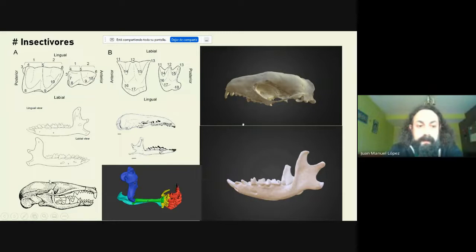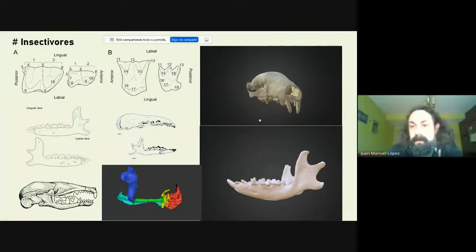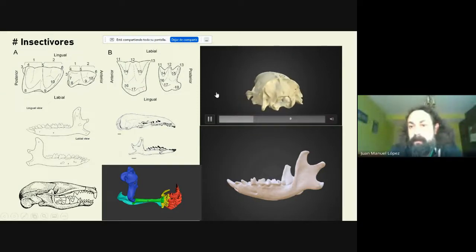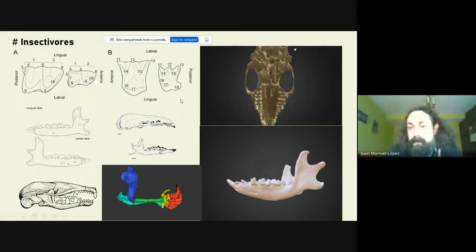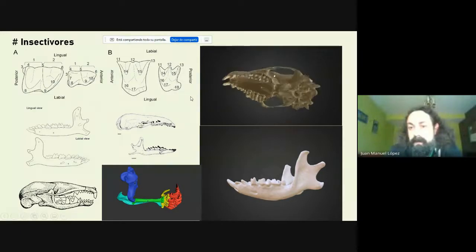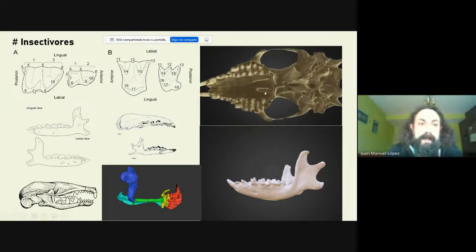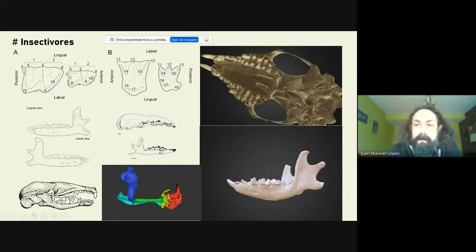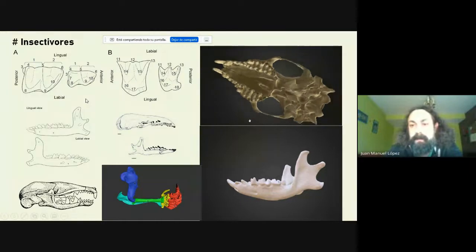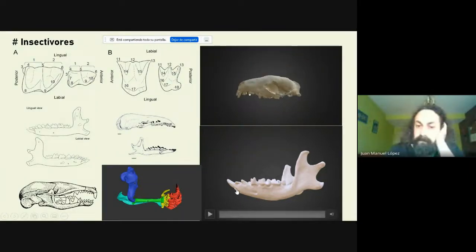This picture is a cranium of a mole, where you can see the morphology of the cranium and the teeth, characteristic of this W-shaped morphology called dilambdodont.